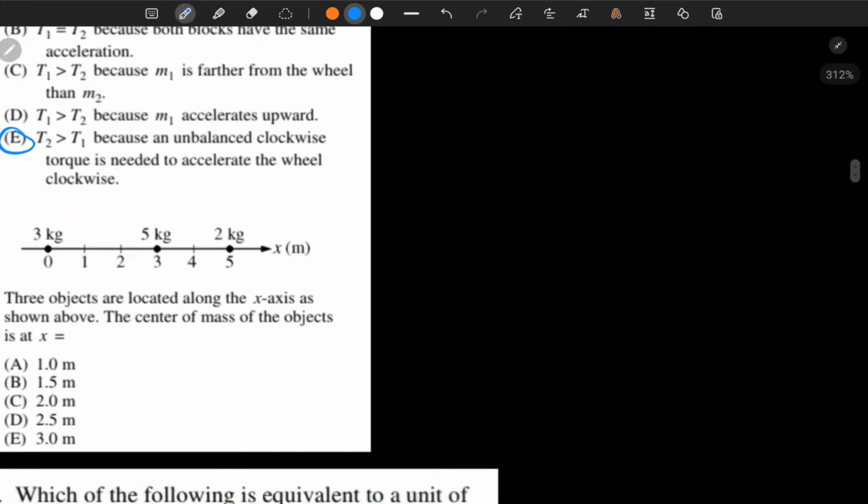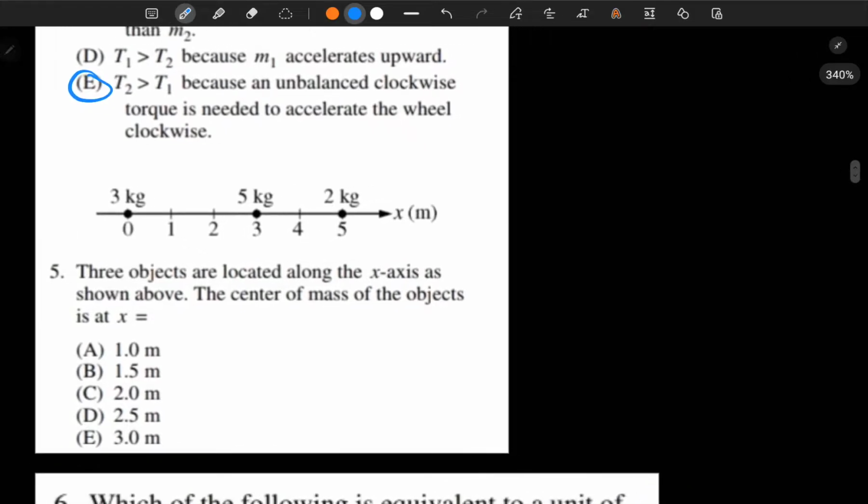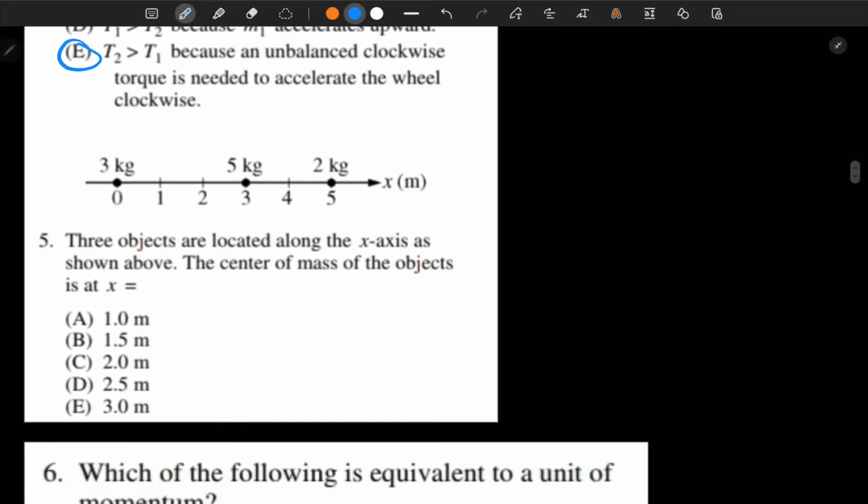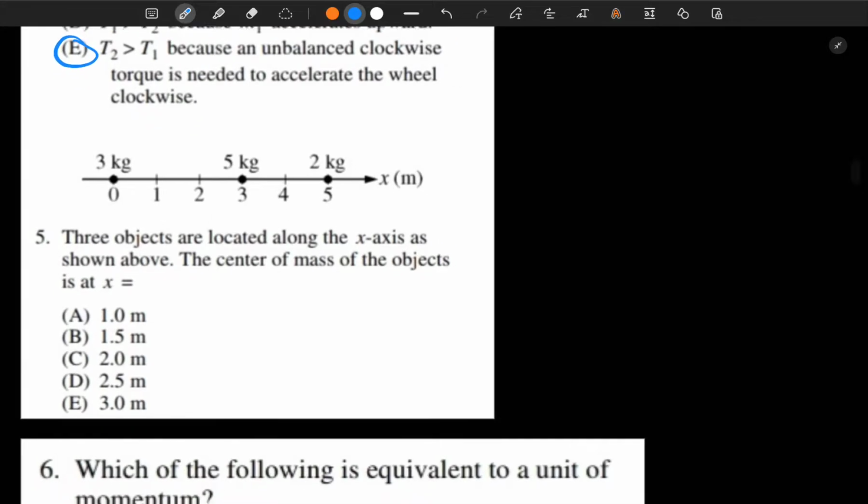Next, suppose that we have three objects which are located along the x-axis as shown in the diagram above. We then wish to find the center of mass of the objects.